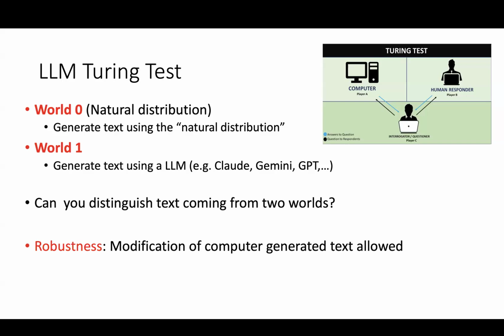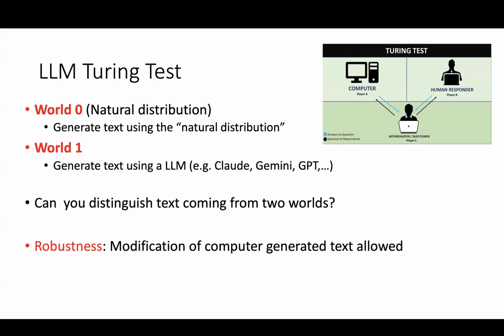But there are other relevant requirements, such as some kind of robustness, where there's another person sitting in between the computer and the interrogator. For example, a student trying to write an essay for a class: if I'm using an LLM to generate the essay and submitting that in class, maybe I'm also changing it a little bit along the way to hide the fact that I'm using an LLM.